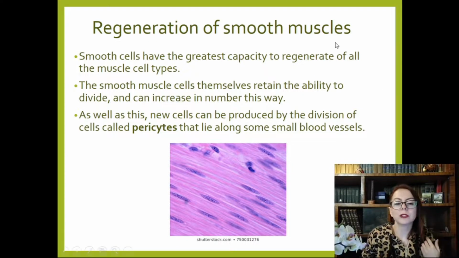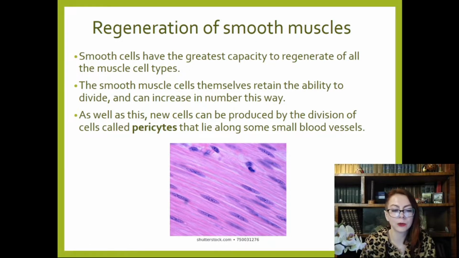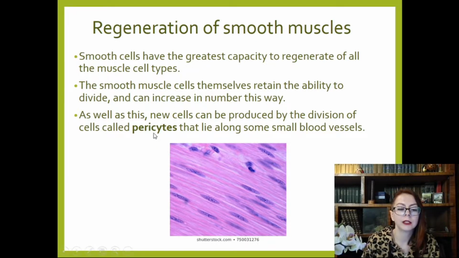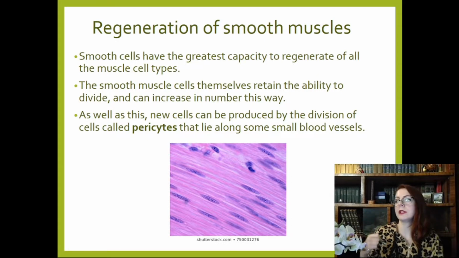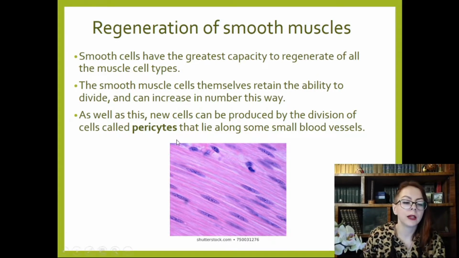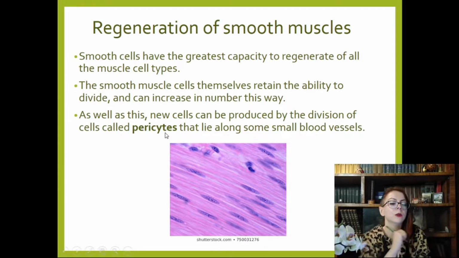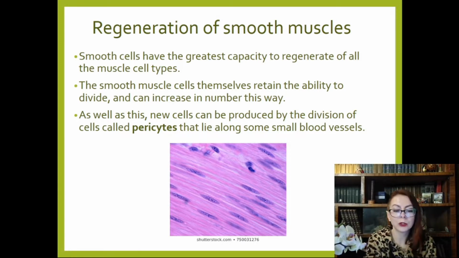Then smooth muscle cells themselves can divide even when they are differentiated, and lastly the mesenchymal stromal cells could give rise to smooth muscle cells and pericytes of blood vessels. They are present around capillaries and in some arterioles, and also by transdifferentiation they can give rise to smooth muscle tissue. So that's very important to understand how to regenerate this tissue, relatively easily compared with other types.